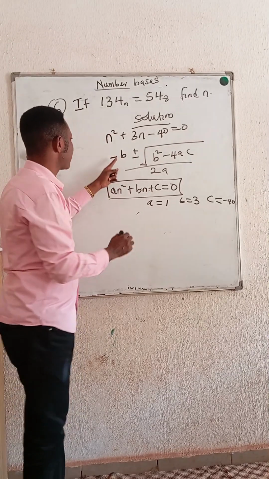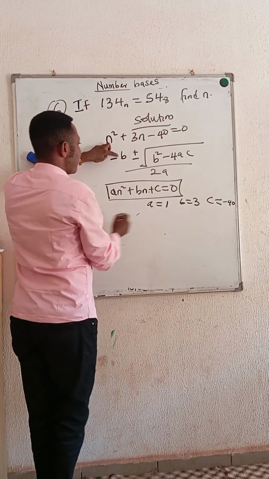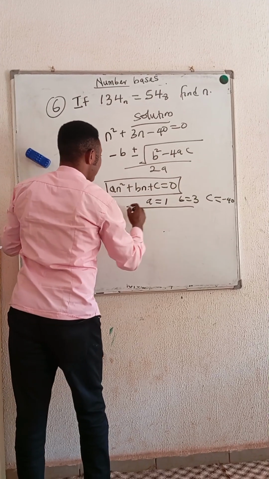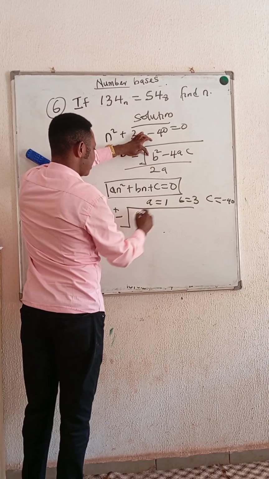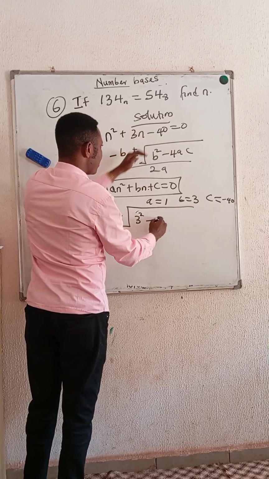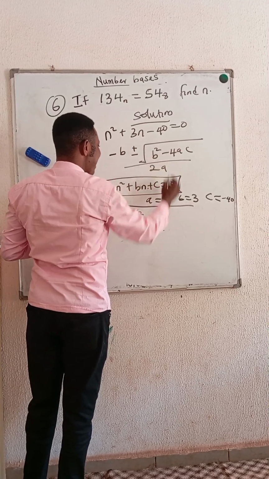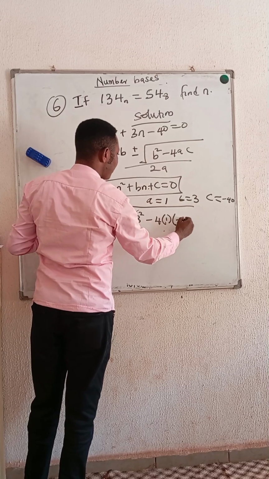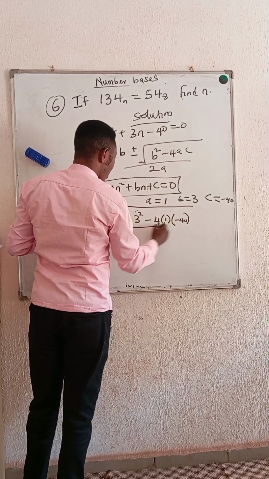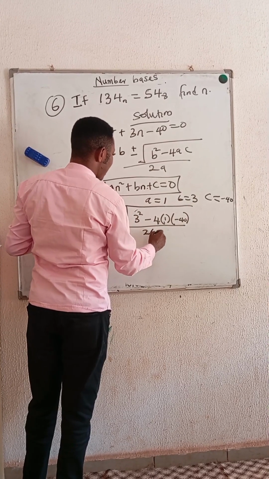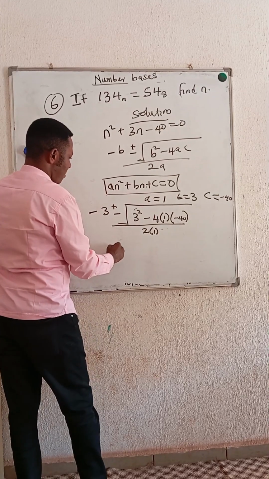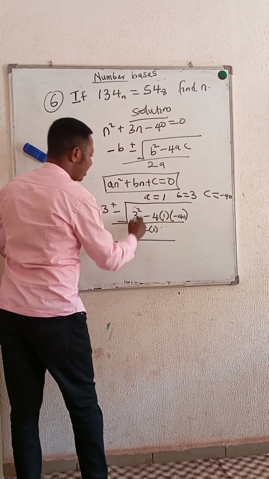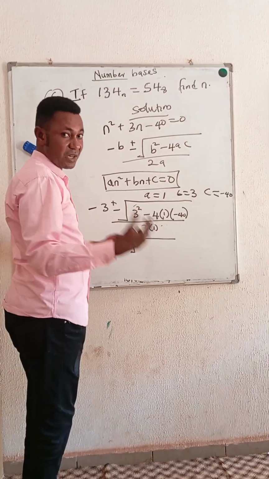So how do we substitute? Let's go. This is minus b, which is minus 3, plus or minus square root of b again, which is 3, 3 squared, minus 4 multiplied by a, which is 1, multiplied by c, and c is minus 40, all over 2 multiplied by a, which is 1. Now we have minus 3 plus or minus, look at it, 3 squared is 3 times 3, not 3 times 2.